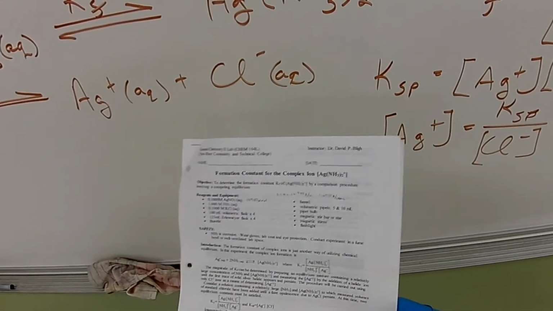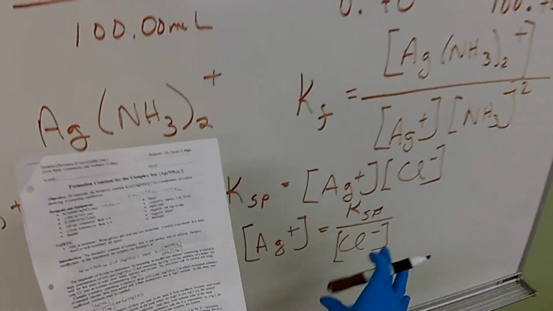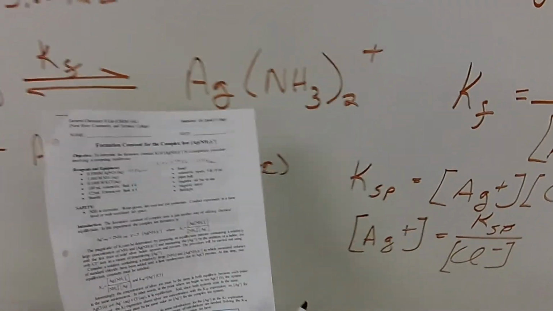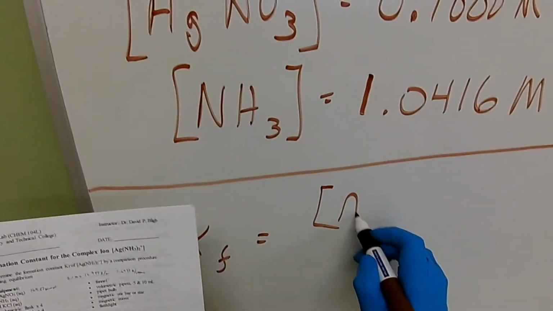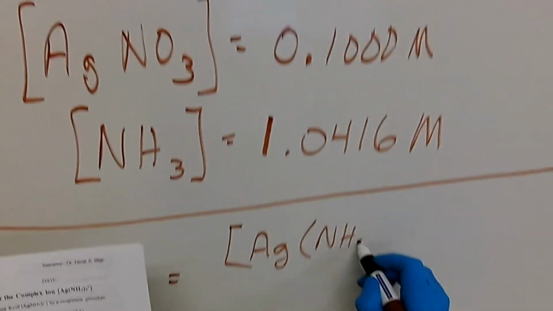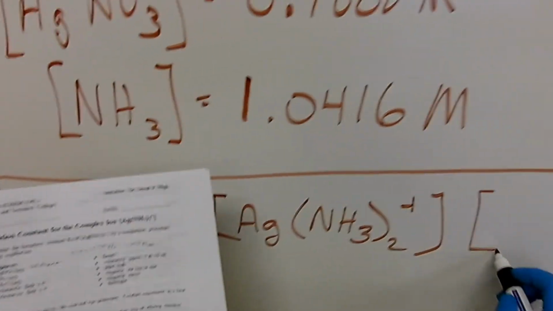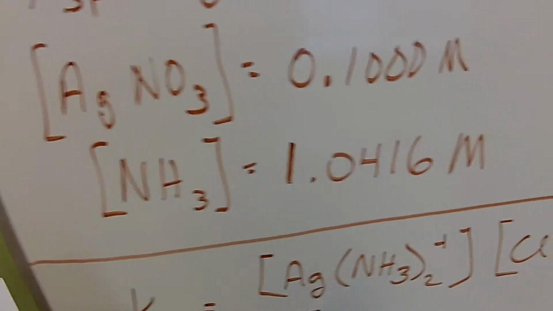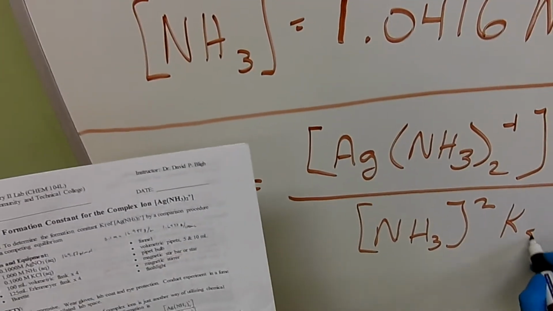And that's what this blue box down here shows you. After you substitute that in here, this is what you get right here. So it's going to look like this. The formation constant then, with our titration involved, is silver diammonia ion concentration and the chloride ion concentration divided by, like that.